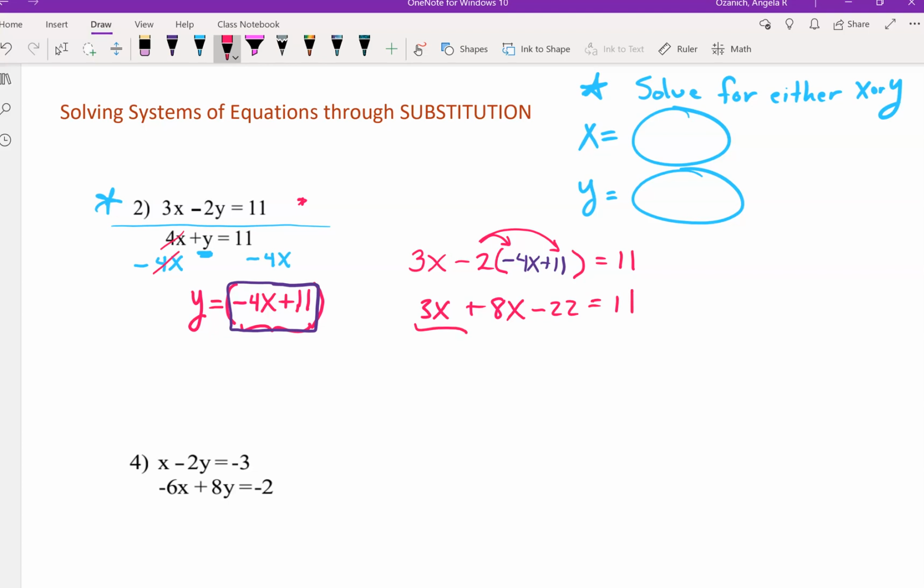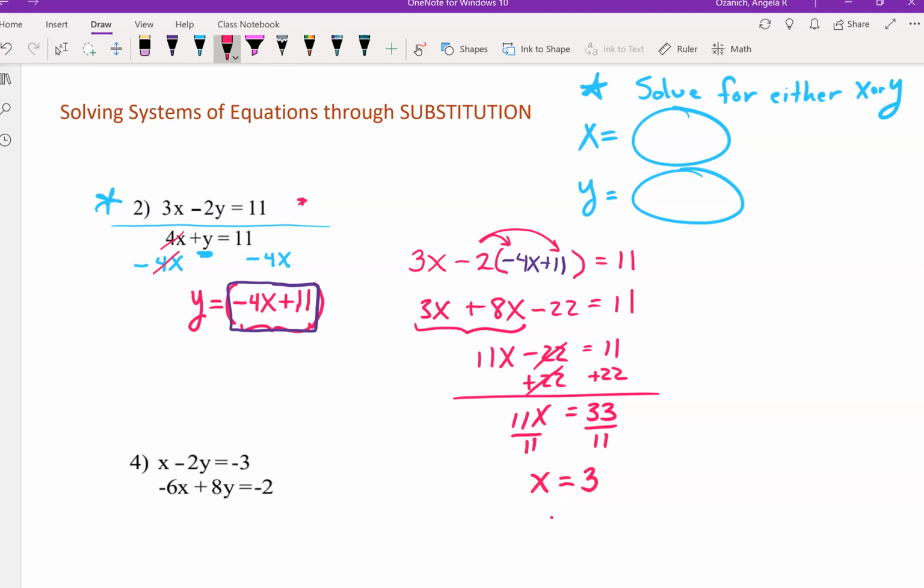The 3x plus the 8x is 11x minus 22 equals 11. I'm now going to add 22 to both sides. Okay. These will cancel. We get 11x equals 33. And if we divide by 11, lots of good algebra going on here, we get x is equal to 3.